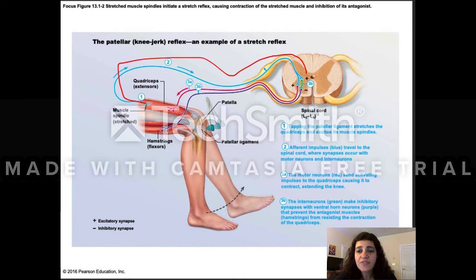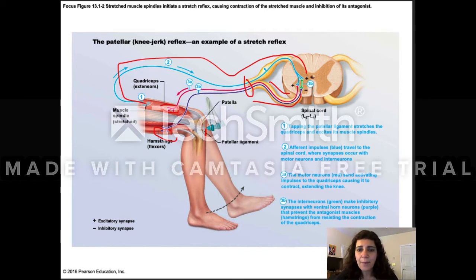And then you have two different types of neurons coming from the ventral side of the spinal cord through maybe the same nerve, okay? One is going to innervate your quadriceps. The other is going to innervate your hamstrings. So what happens here? You use the mallet and you hit your patellar ligament. Remember, the ligament under the patella.